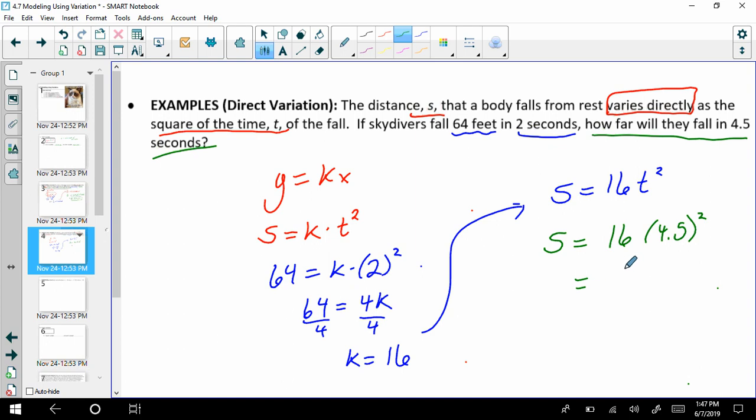And I believe this comes out to 324. And I'd want a label on this. What does this represent? Well, how far will they fall? So feet. So in 4.5 seconds, they would fall 324 feet.